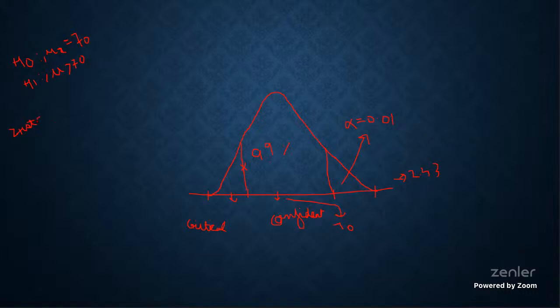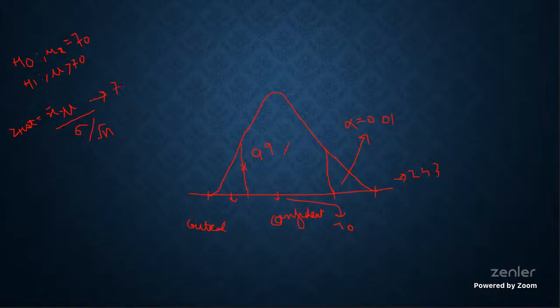If I have to calculate the Z test, the formula I write is x bar minus mu, divided by sigma over under root of n, and I have to write the values.